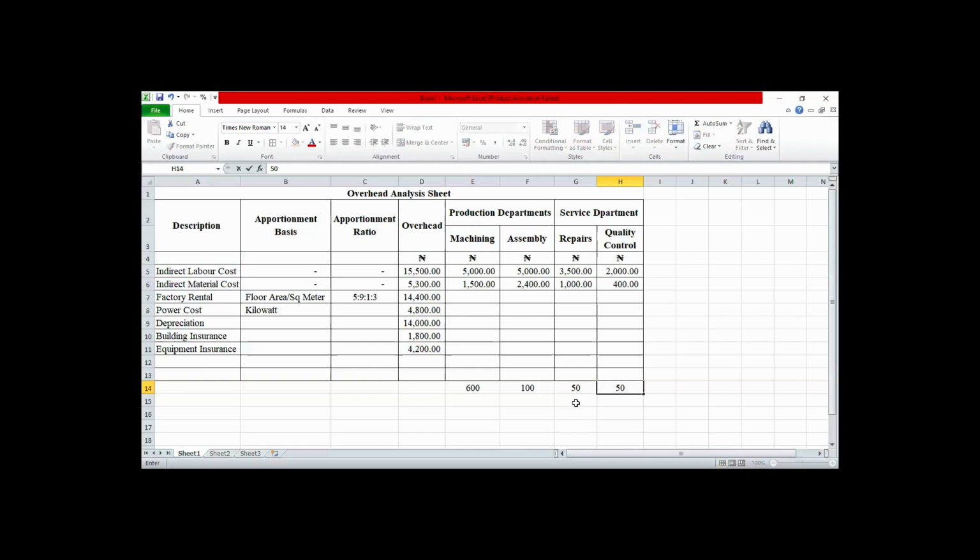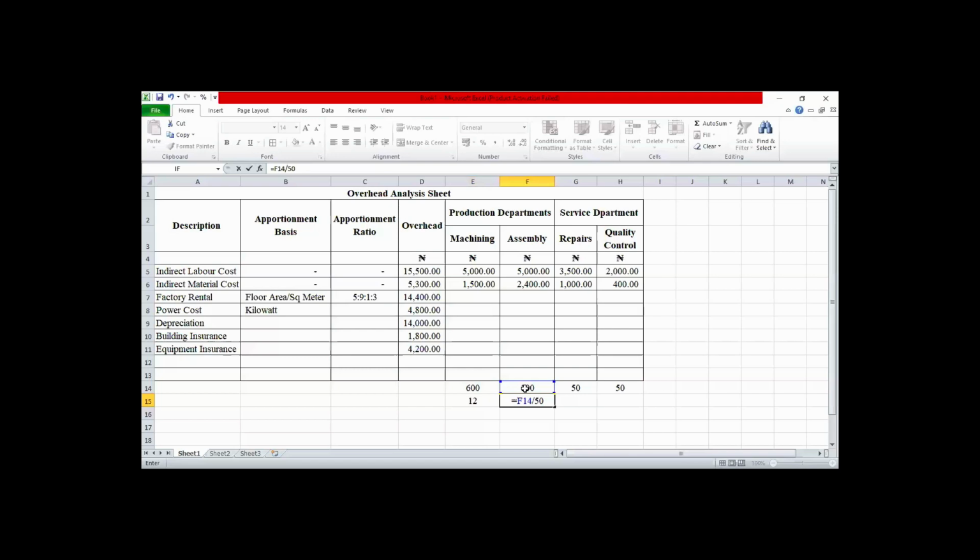The common factor here, 50 can go in all of them. 50 into 600 is 12. I don't understand the ratio, sir. You cut the ratio to the lowest term.